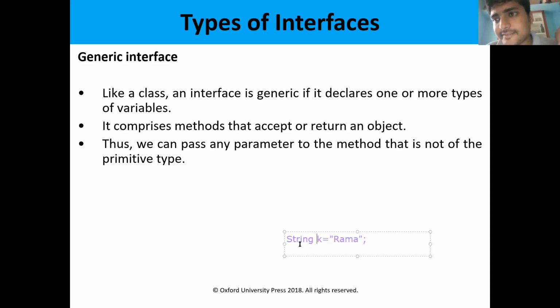We can use class names and interface names as data types. That type of implementation is known as non-primitive data types. So an interface can also be used as a data type, and we can call that a generic interface.